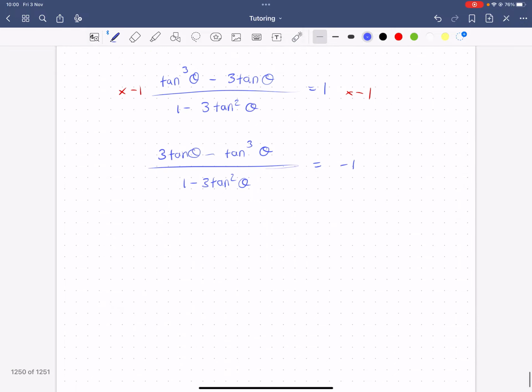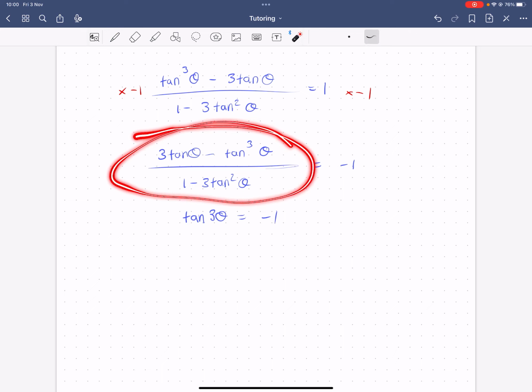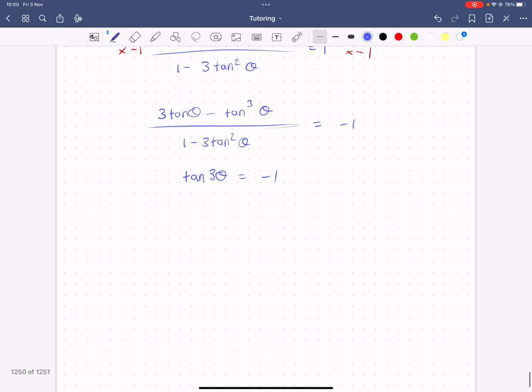Now that's exactly the property that we had in the previous question. So we can say that the left-hand side is equal to tan of 3 theta, and that equals minus 1. That's because in the previous question we had proven that this was equal to tan of 3 theta.